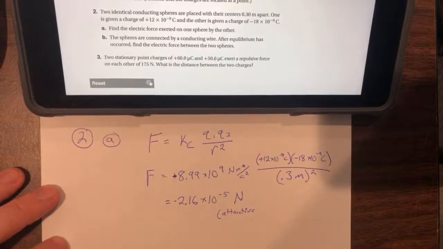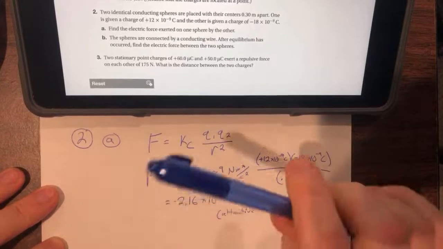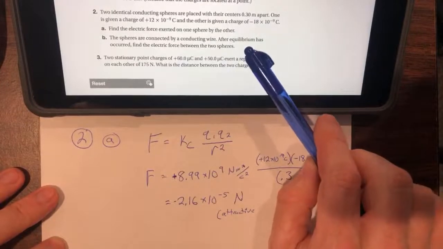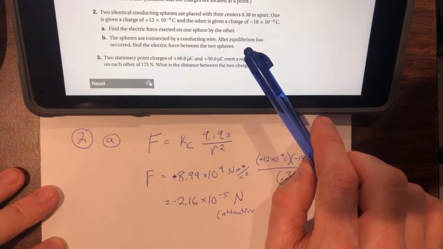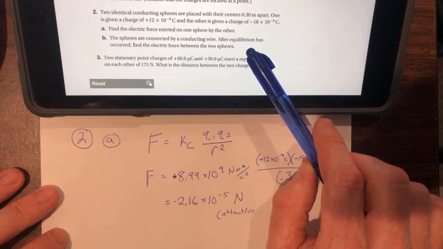Okay, so B, the spheres are connected by a conducting wire after equilibrium has occurred. So equilibrium, we've seen this term a whole bunch of times, for electrical equilibrium, or even for thermal equilibrium, but for electrical equilibrium, it means that they have the same charge.